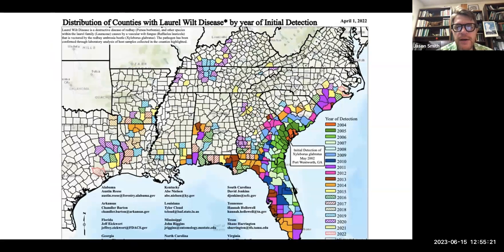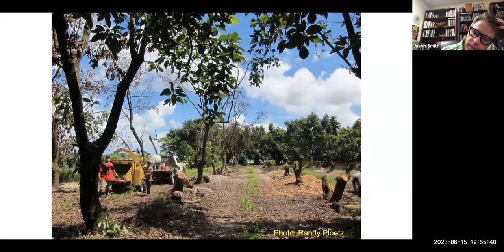It has rapidly spread, on both red bay and avocado and swamp bay, but also in sassafras, which is found further north. So in places like Kentucky and Virginia and Tennessee and Arkansas, it's spreading on sassafras, which is another susceptible host. But in avocado groves in South Florida, it's all about detecting the disease early and trying to manage it through good sanitation, because the disease moves through root grafts, like a lot of these vascular wilt diseases.